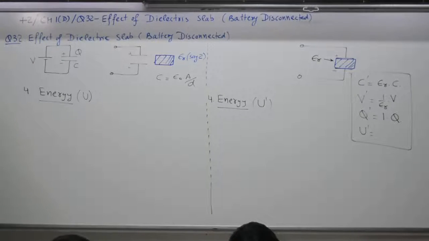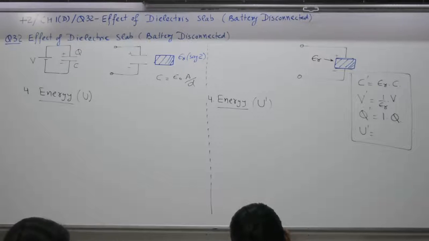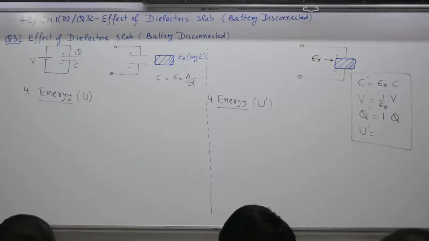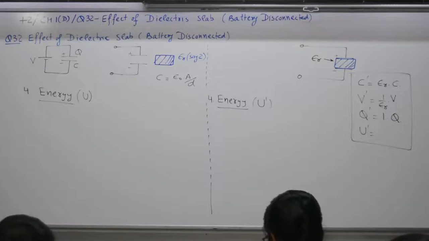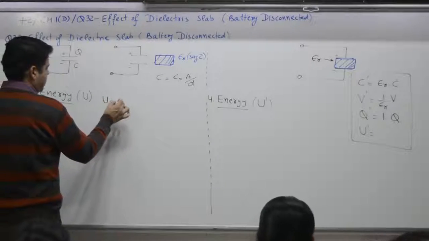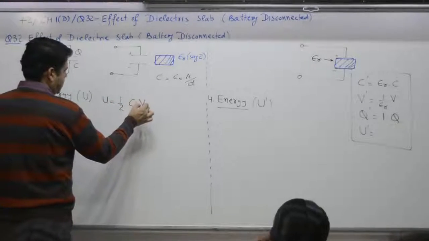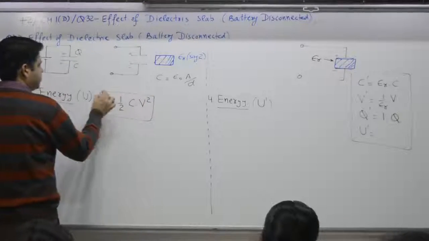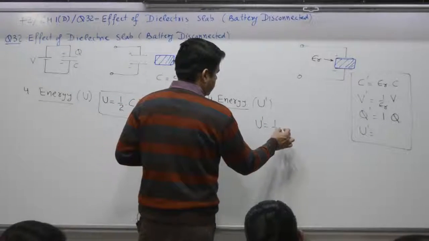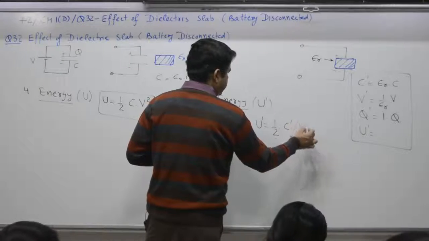Energy stored. Yes. Formula please. 1 by 2 CV square. Energy stored is 1 by 2 CV square. In this case, energy stored U dash is equal to 1 by 2 C dash V dash square.